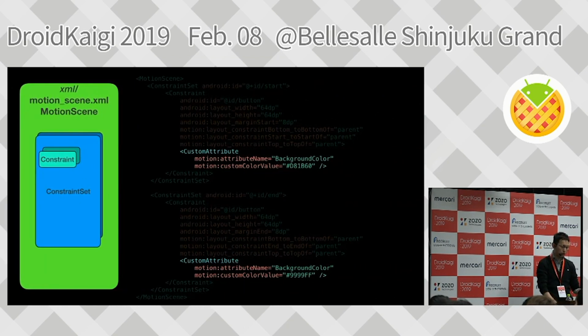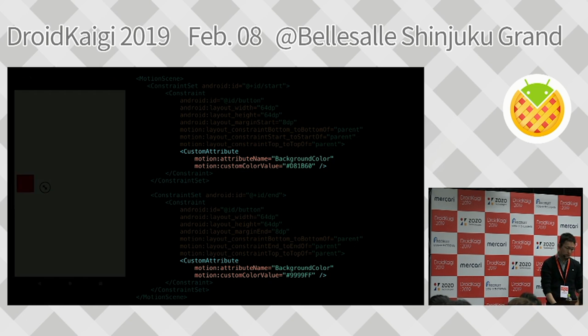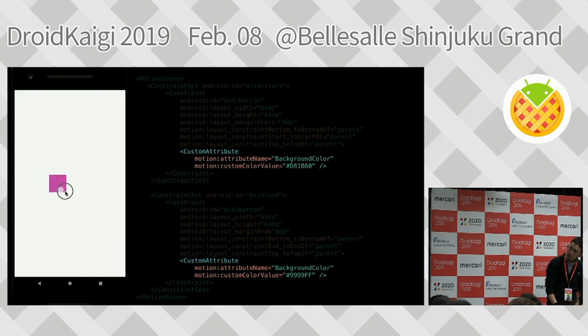For example, if you want to interpolate the background color, by adding the custom attributes in both constraint sets, then you can get an animation like this. As you can see, the background color is interpolated based on the position of the view.